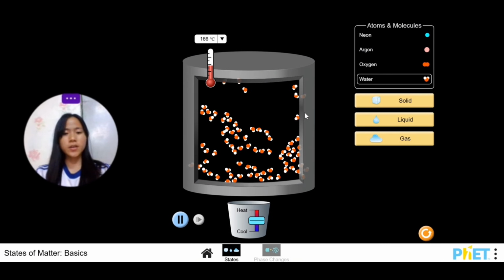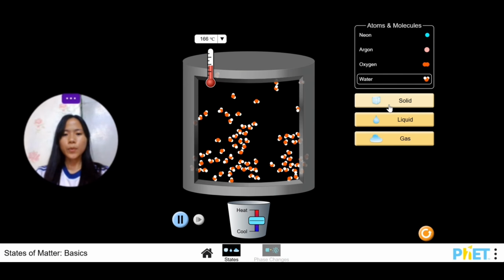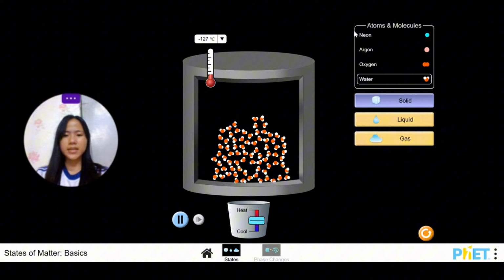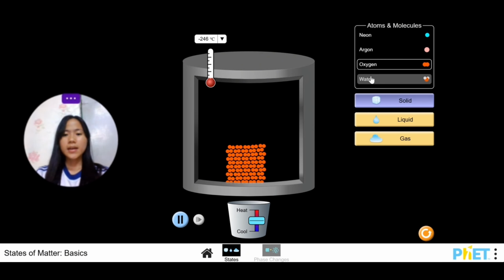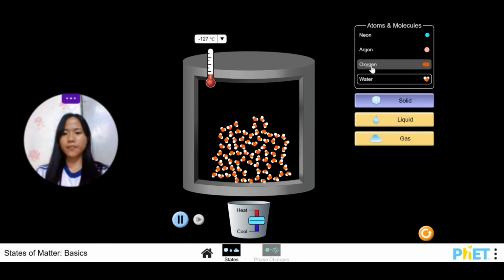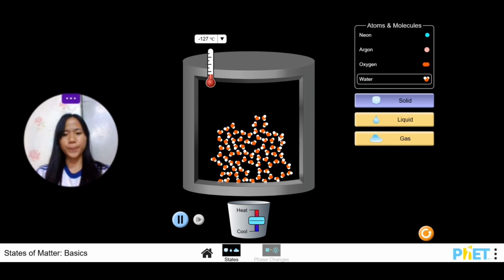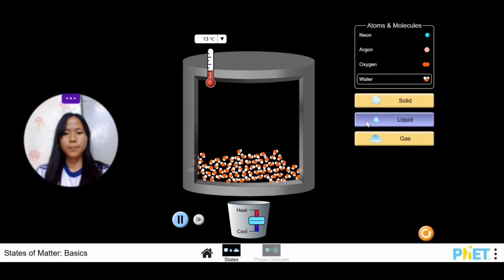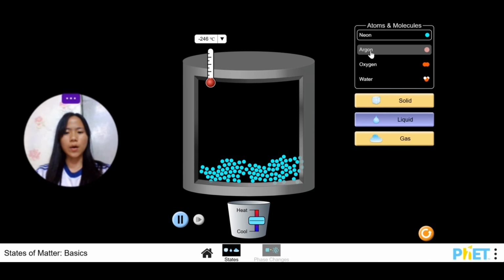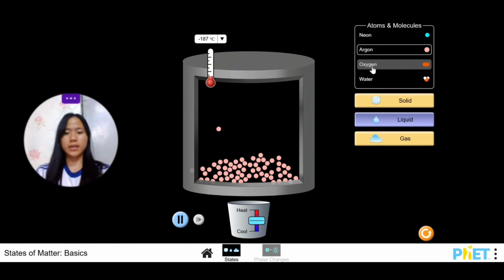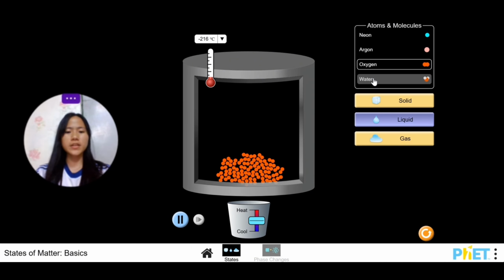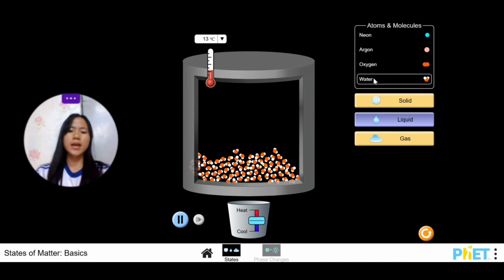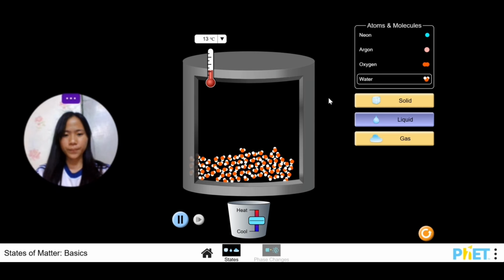As you can see here, in solids, molecules are tightly packed and vibrate in place. This gives solids their fixed shape and volume. In liquids, molecules are more spread out and can move around each other. Liquids have a fixed volume but can change shape to fit their container.